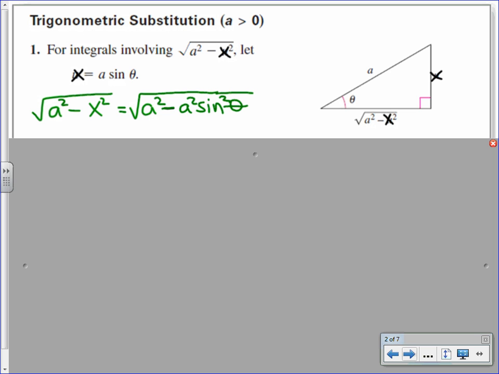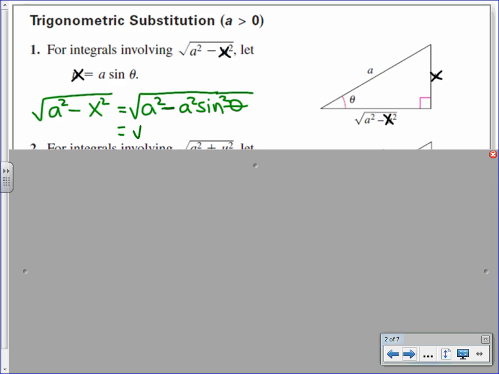And what happens? We can factor out an a squared. And so this is really a squared times cosine squared.